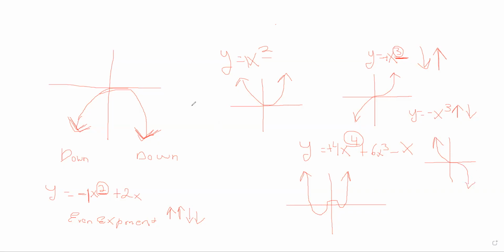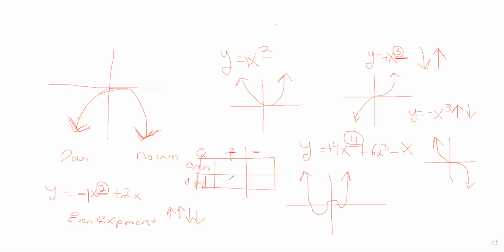So in summary, I'm going to split it up like this: even exponents and odd exponents, and then a positive leading coefficient and a negative leading coefficient.